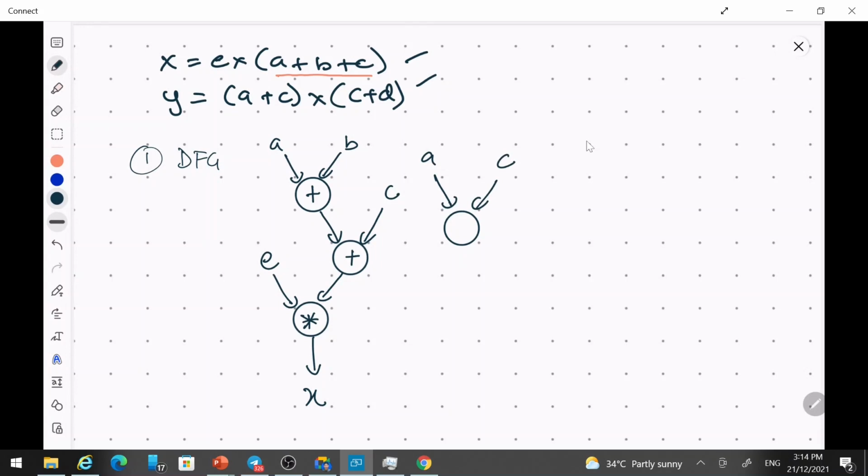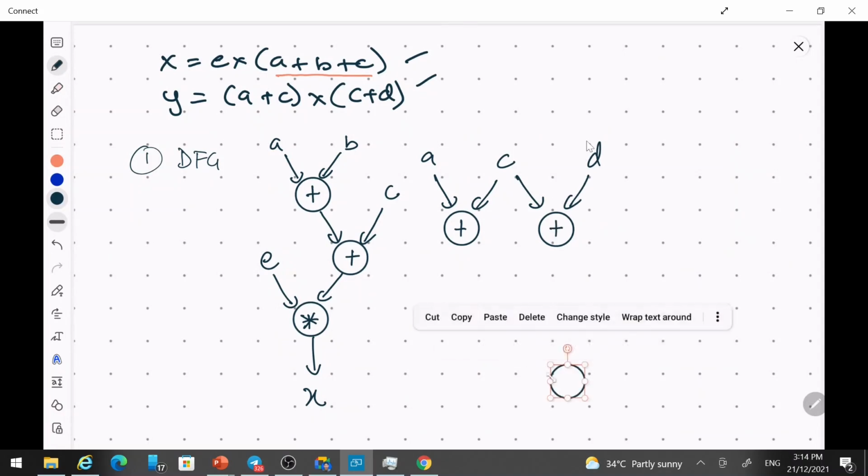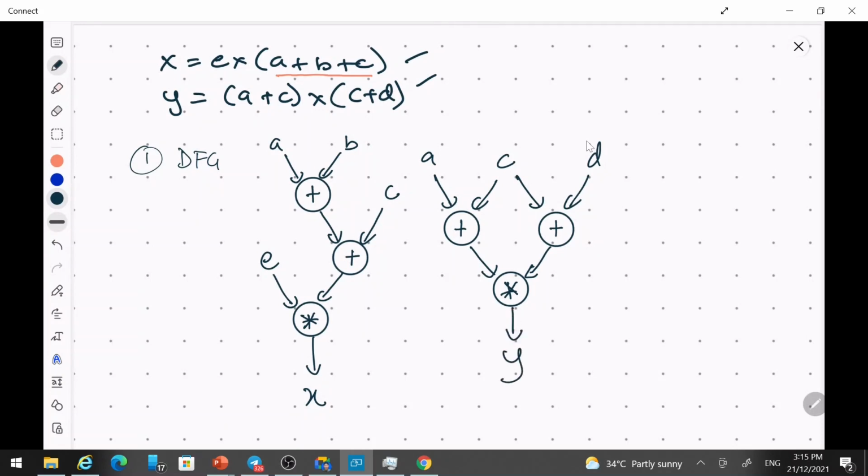So this a and this a is the same. A plus c, and I have c plus d, and we have a multiplication here, multiply, to get y. Okay, so this will be our DFG.